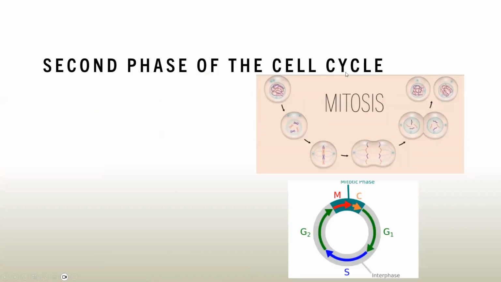Second growth phase of the cell cycle, G2. After G2, there will be mitosis. So interphase, and then mitosis. This was G1, S, the synthesis, and then G2. Over here, we have mitosis. The nucleus is divided into 2 nuclei.